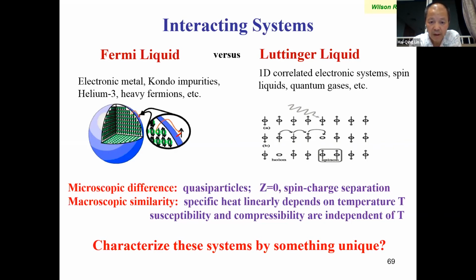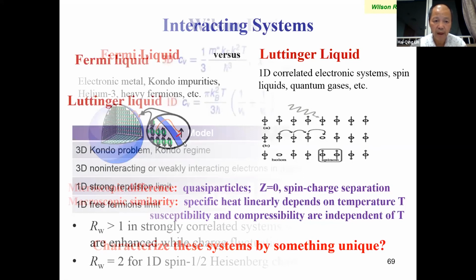Also the weight of the quasi-particle is 0 at the original Fermi surface. However, both Fermi liquid and Luttinger liquid have something similar. For example, the specific heat is linearly dependent on the temperature, and the susceptibility and the compressibility are both independent of temperature.